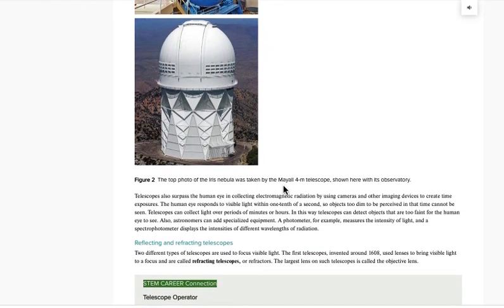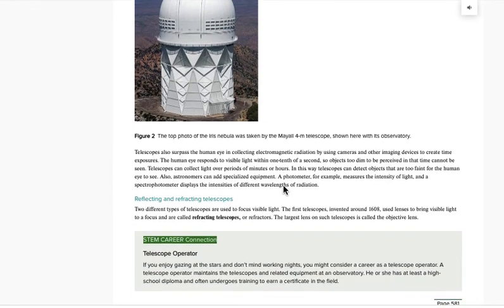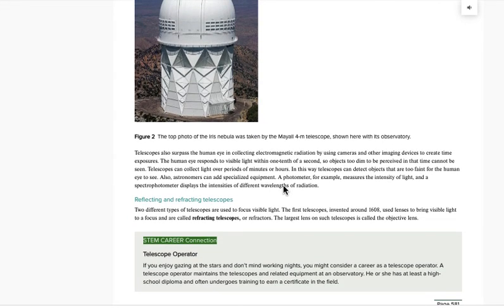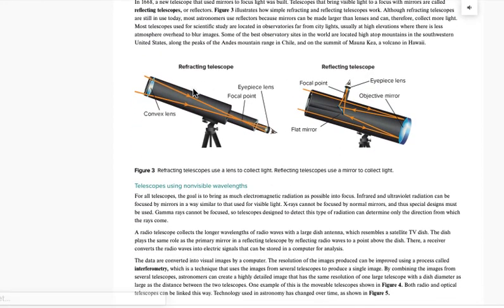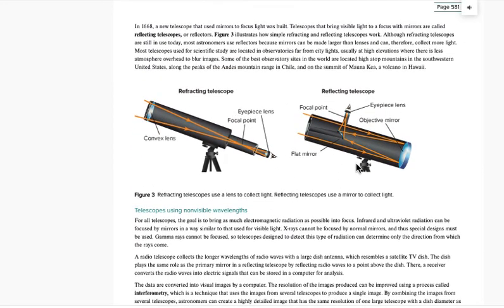There are two different types of telescopes, and you are going to need to know the difference between the two. One is called a refracting telescope, and refracting telescopes rely on light going through different lenses so that you can see what you're looking at.